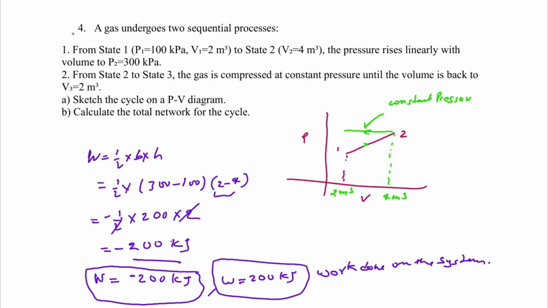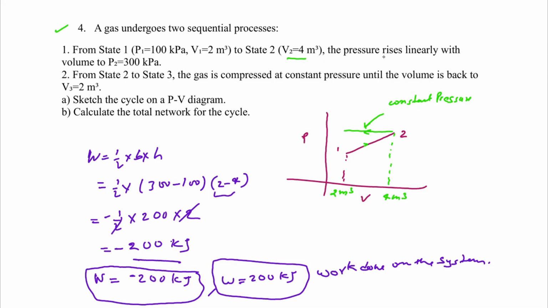Here, last question 4. A gas undergoes two sequential processes. Number 1, from state 1, where P1 is given as 100 kilopascal and V1 is 2 meter cube, to state 2, where only the volume is given, 4 meter cube.